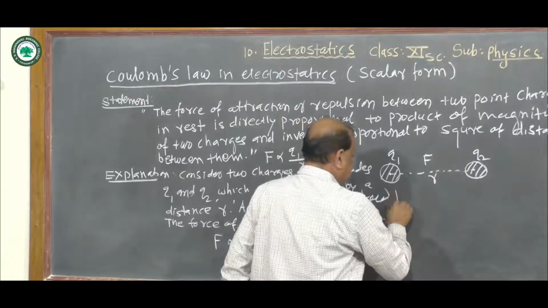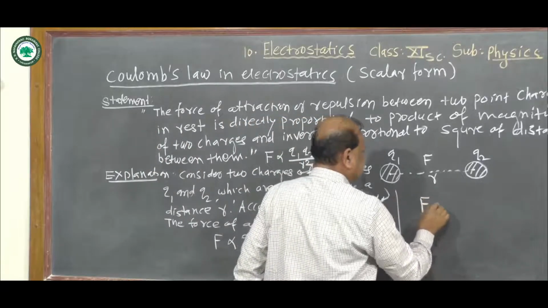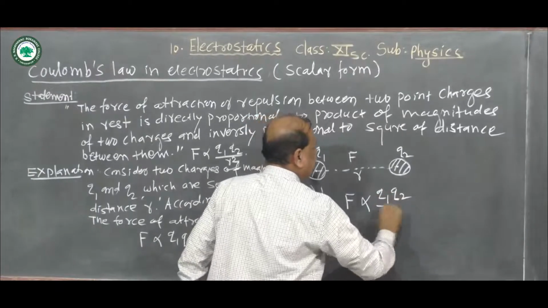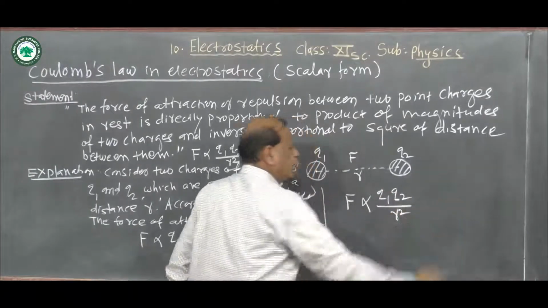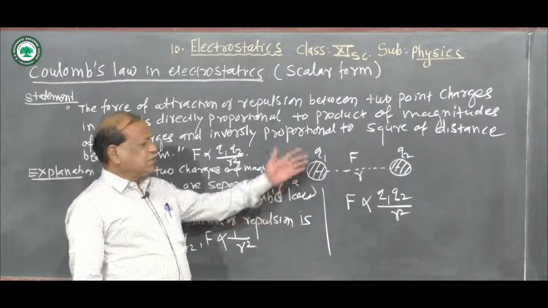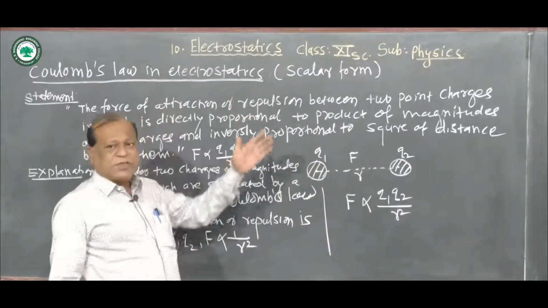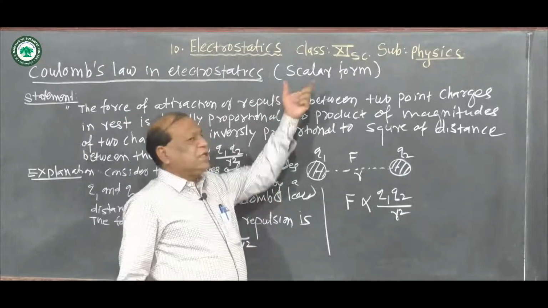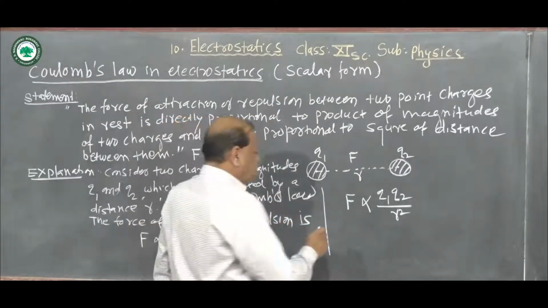Now combining these two, F is directly proportional to Q1 Q2 and inversely proportional to r squared. This is the mathematical statement of Coulomb's law in electrostatics in scalar form.